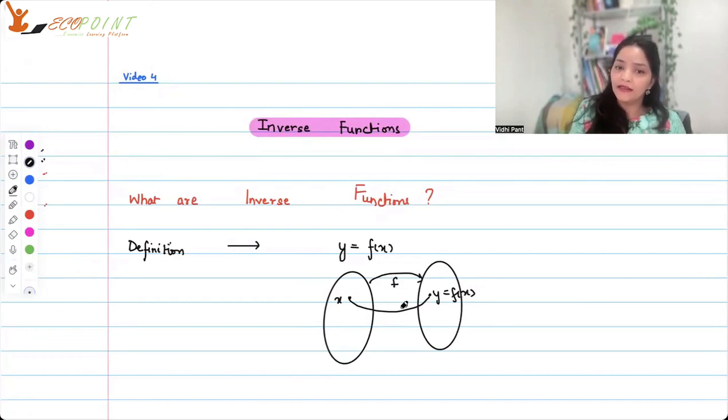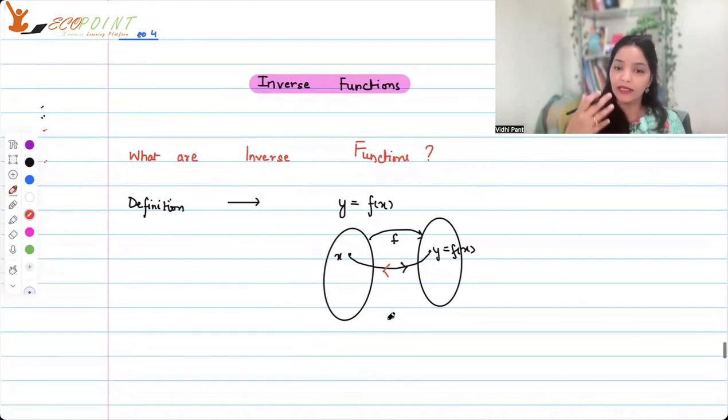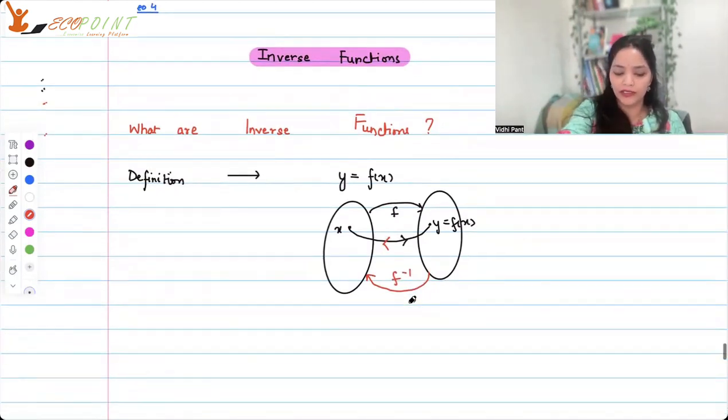In case I am able to map back this y to x, that means the inverse will exist. So what inverse is doing is mapping back y to x.